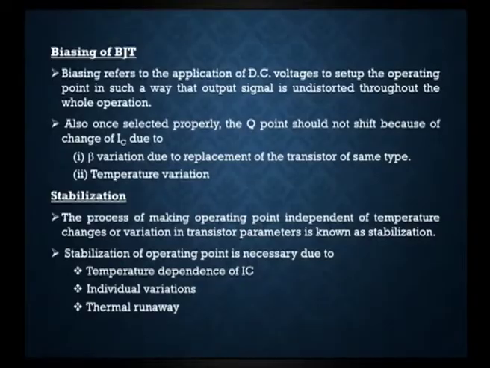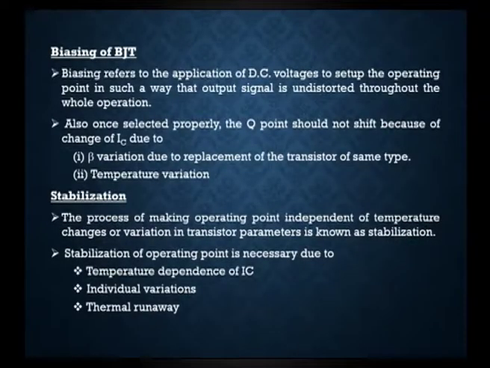The shape of the output signal should not be disturbed, and it should match the shape of the input signal. That is called faithful amplification. We know what the input signal is, but the output signal should not be distorted and should not have any change in the shape of the input signal.